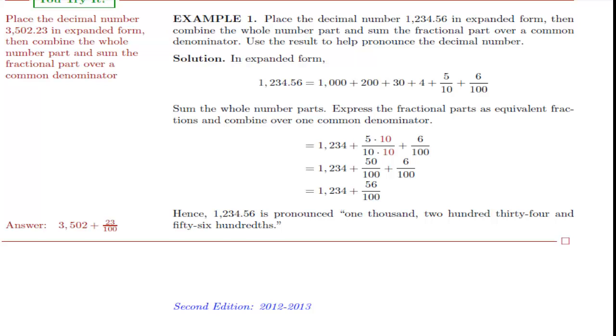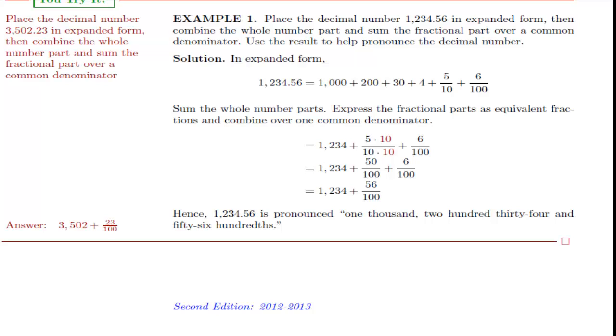Example 1. Place the decimal number in expanded form. Then combine the whole number part and sum the fractional part over a common denominator. Use the result to help pronounce the decimal number. Solution. In expanded form, the decimal number becomes 1,000 plus 200 plus 30 plus 4 plus 5 over 10 plus 6 over 100.